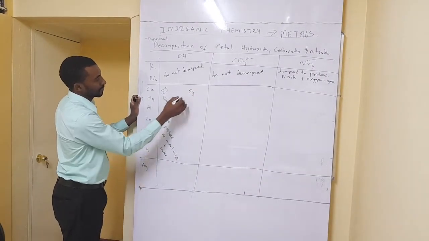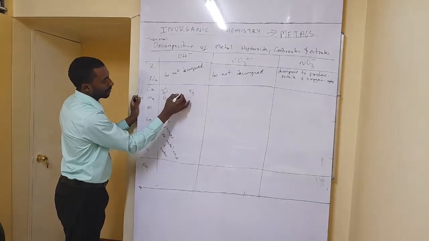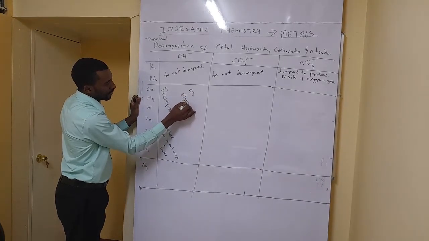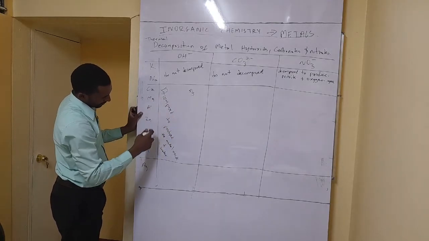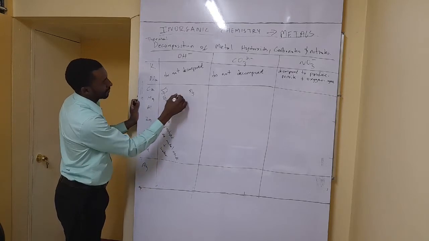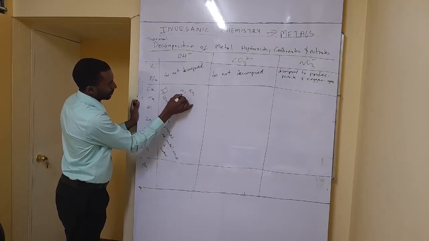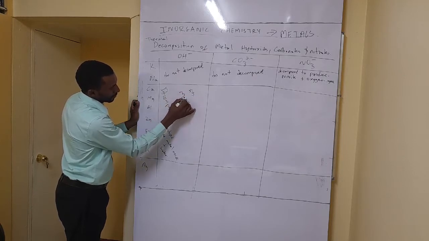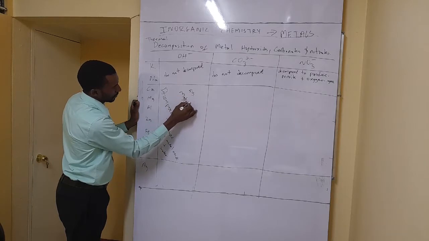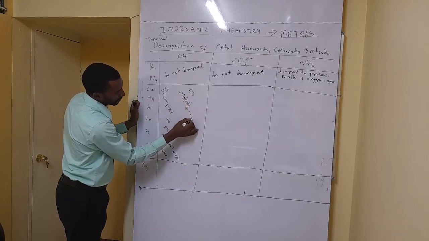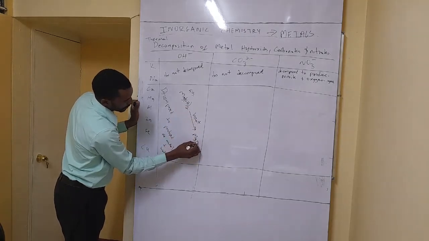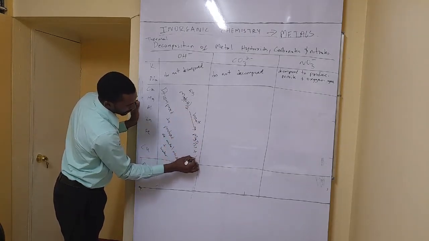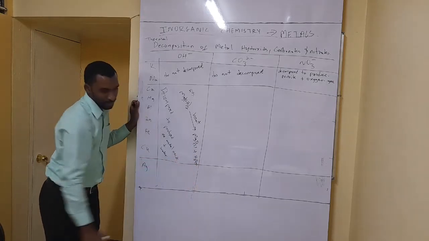Example, Mg(OH)2 when heated gives MgO solid plus water vapor.